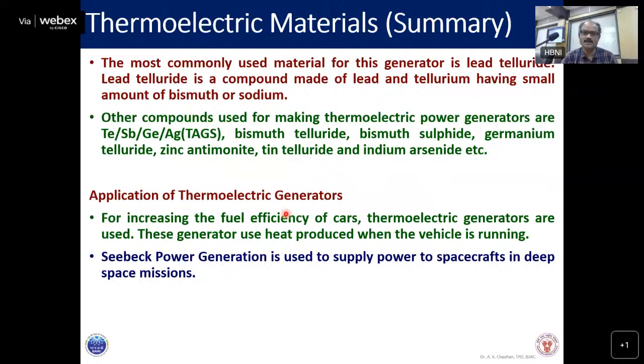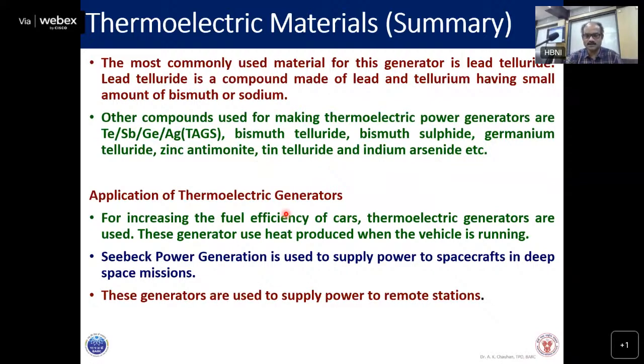However, if you have deep space missions, in those places there is no sun. So to get power there, you use thermoelectric generators. You put a very high energy radioactive source, which is continuously decaying and generating heat, and adjacent to that heat source you place a thermoelectric generator, and that power can be utilized in those missions.